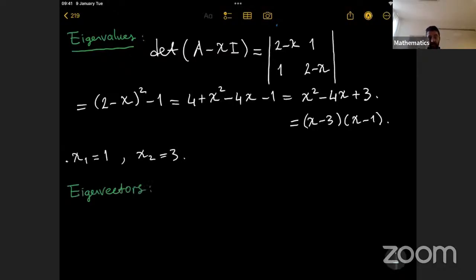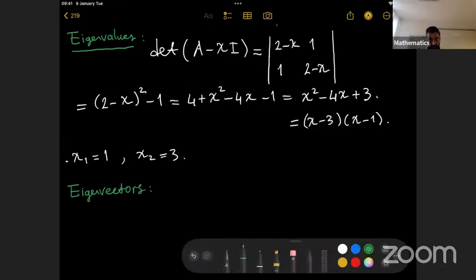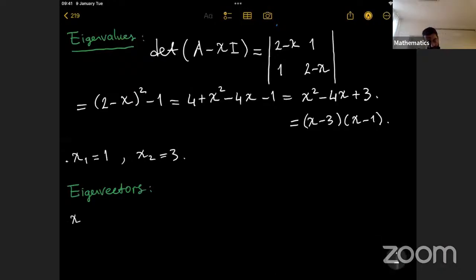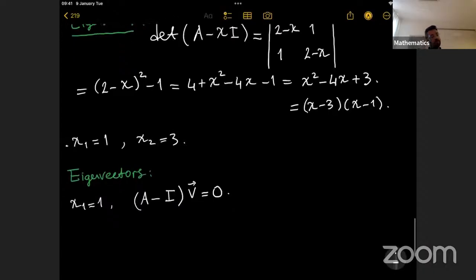Let's start with lambda 1, which is 1. Remember, we need to solve A minus lambda 1 times I, times v, is equal to 0. We will solve this to find v, and v will be the eigenvector.